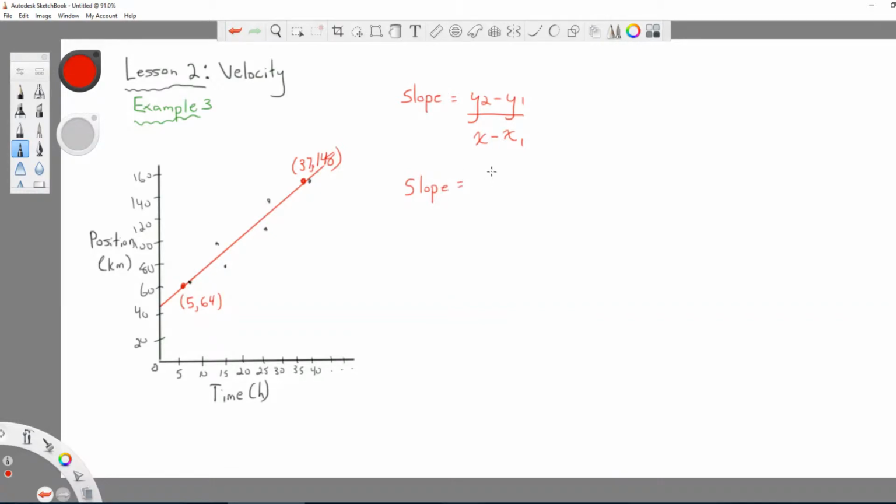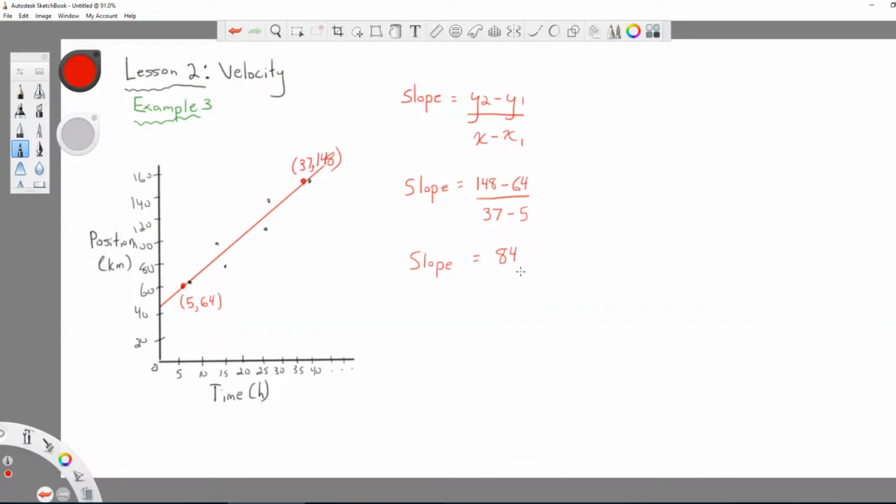is equal to, I'm going to say this is my number 2 value, this is my number 1 value. So it's going to be 148 minus 64. Those are my 2 y values. Divided by 37 minus 5. So our slope of this line is equal to 84.